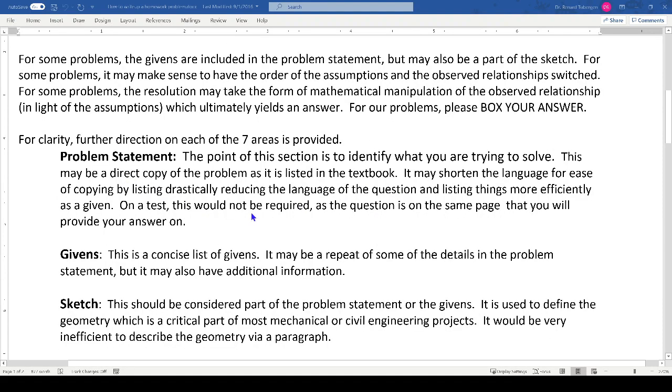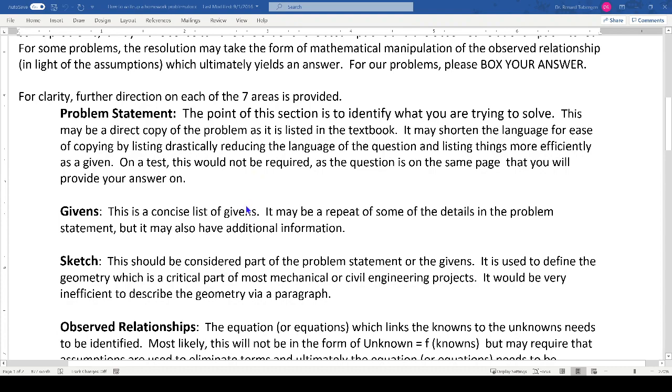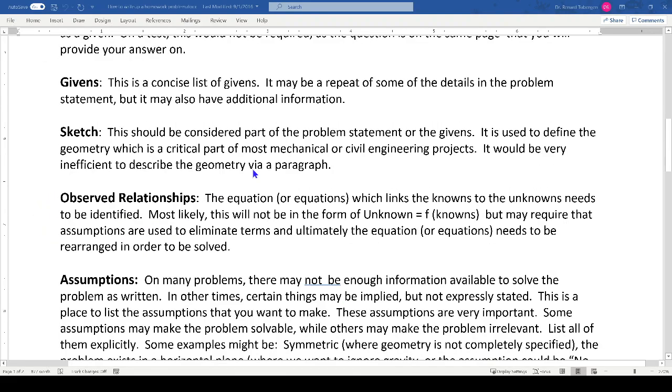But this is what you've been trained to do. And I want you to think about this as telling a story. The problem statement, that's setting up the conflict. Givens is providing some of the backstory that's necessary to give the characters depth. Sketch gives us the environment that the story is taking place in.